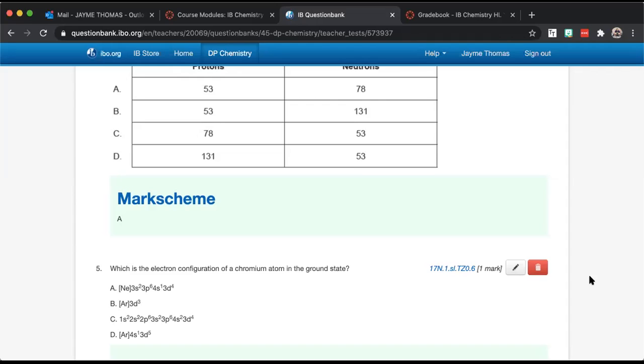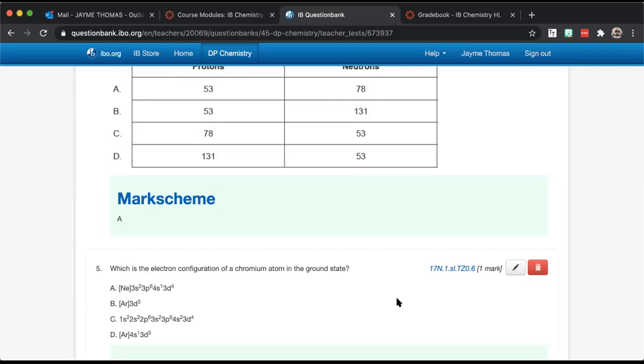The noble gas at the end of the 3rd row is argon. So I should be able to eliminate A because it has the wrong noble gas at the beginning. If it's going to be the shorthand for chromium, it has to be Ar, because that is the noble gas at the end of the third period before you get to chromium. So A is out because of that.